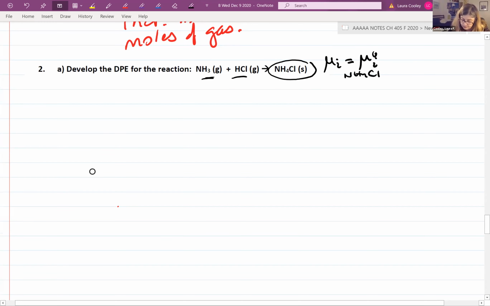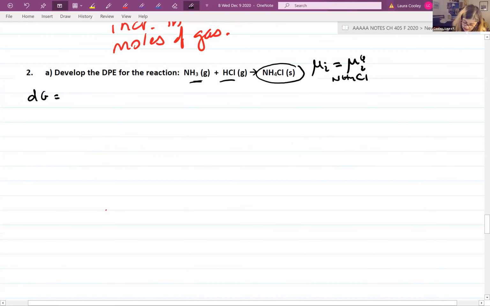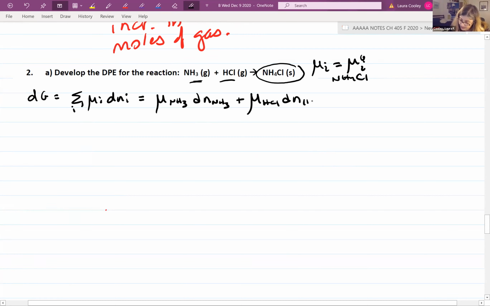So we start with dG is equal to the sum over i of mu i dNi. So that's all 3: mu NH3 dN NH3 plus mu HCl dN HCl plus mu NH4Cl dN NH4Cl.